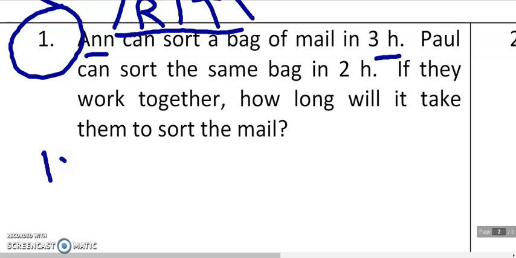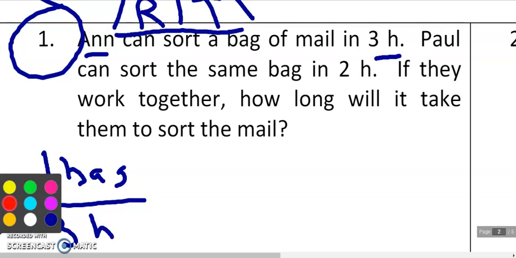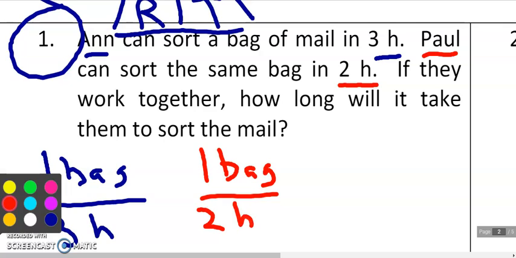So that's one bag in 3 hours. I know that Paul can sort a bag in 2 hours. So he can do one bag in 2 hours.